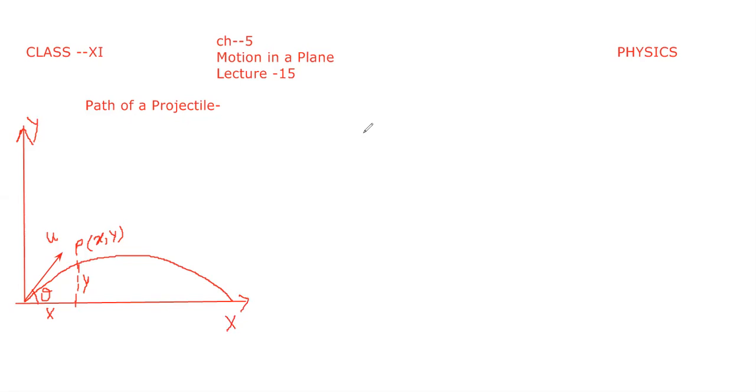For x axis motion, we know that there is no acceleration in the x axis. So if we write the formula s equal to ut plus half at square, this becomes sx equals ux t plus half ax t square. Sx, the displacement in the x axis, is x.